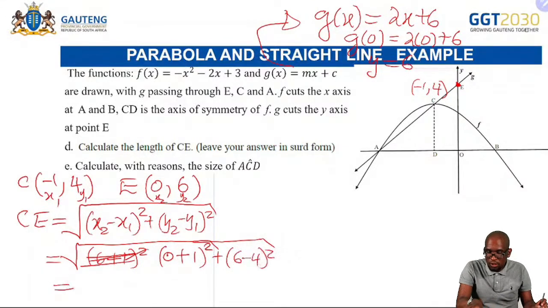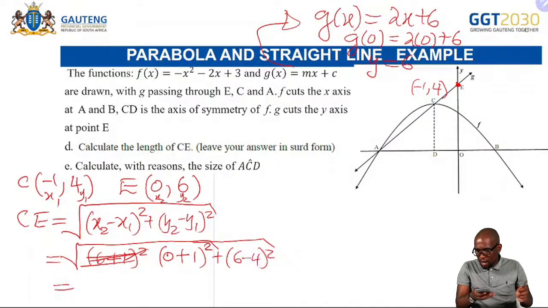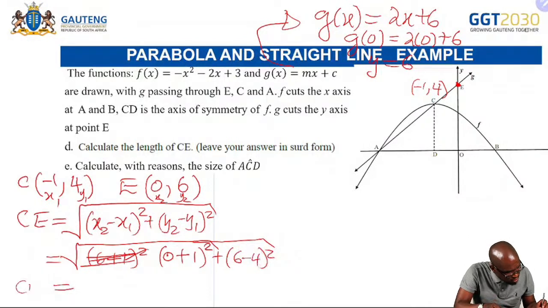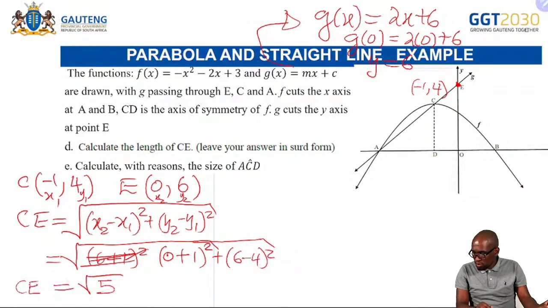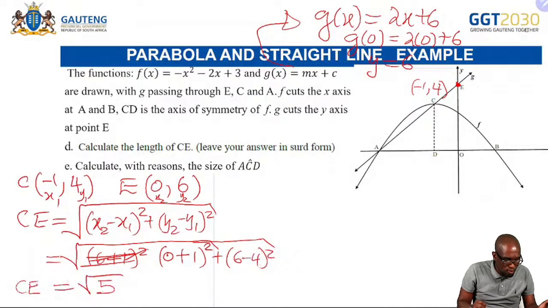If you punch that into your calculator, you get that CE would be the square root of 5. That is why they said you can leave your answer in surd form. They don't want you to write it as a decimal.